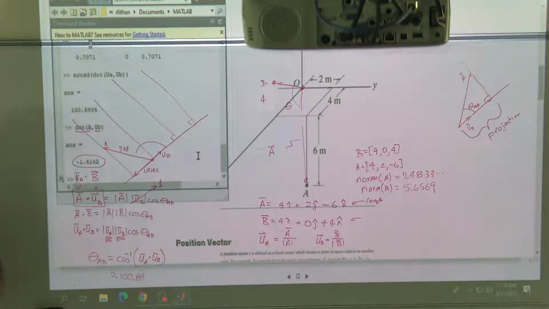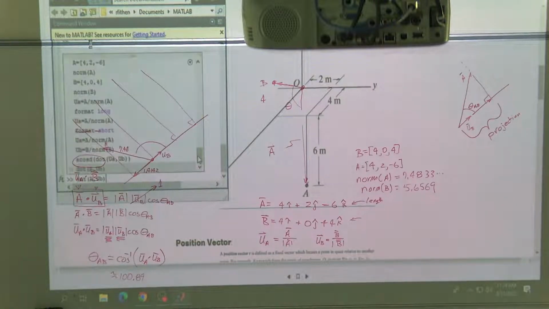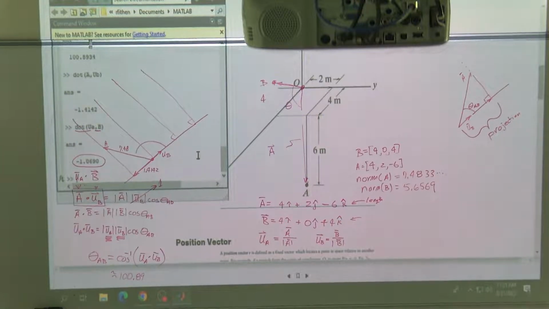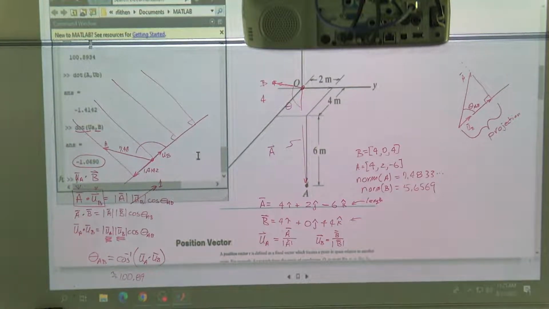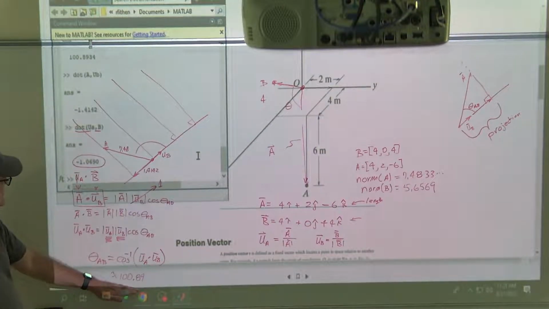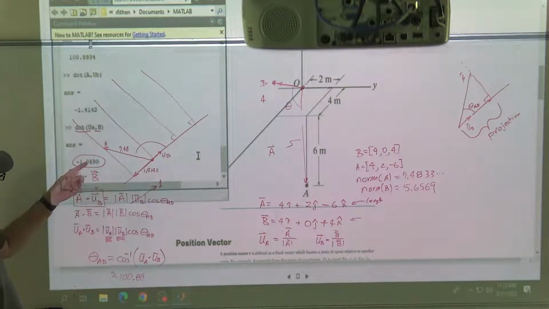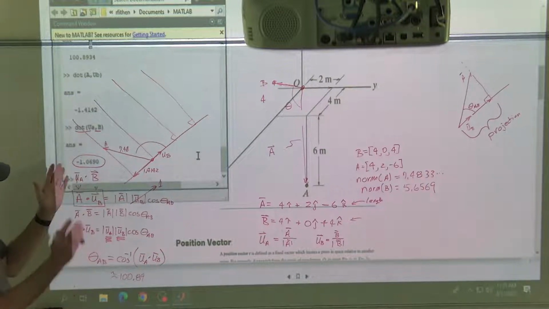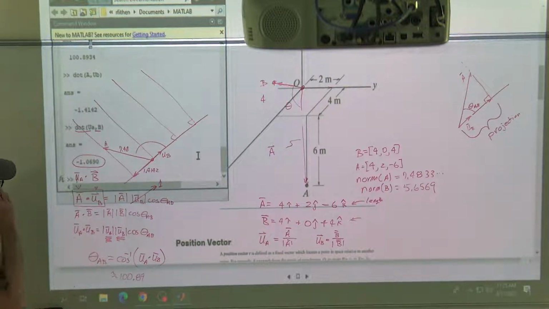I don't think there's any standardization, but this time we're going to do U A and B, minus 1.698. That makes sense too, because the angle, they're still 100 degrees apart, and so it's going to be minus, but a slightly different length. The fact that they're more than 90 degrees apart means it's going to come out negative.